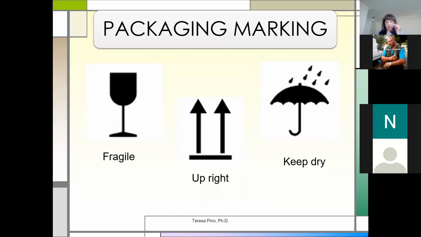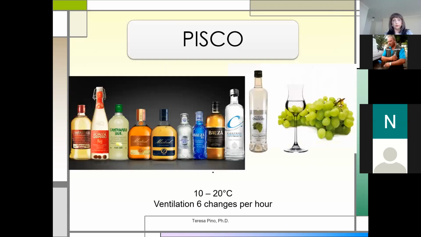And keep dry because of the corrosion. Another reason we need to keep them dry is that if we're bringing bottled beers and they have labels, the labels may detach or be damaged. And if they are damaged or detached, you cannot sell it as original.